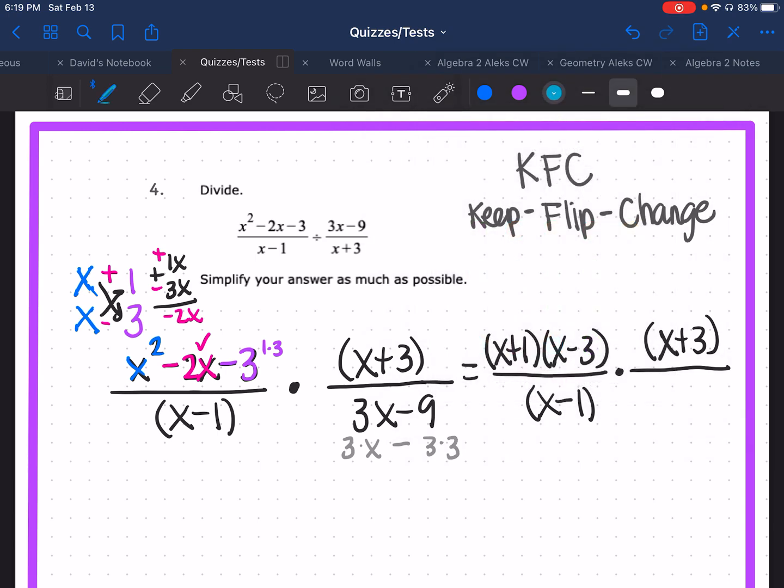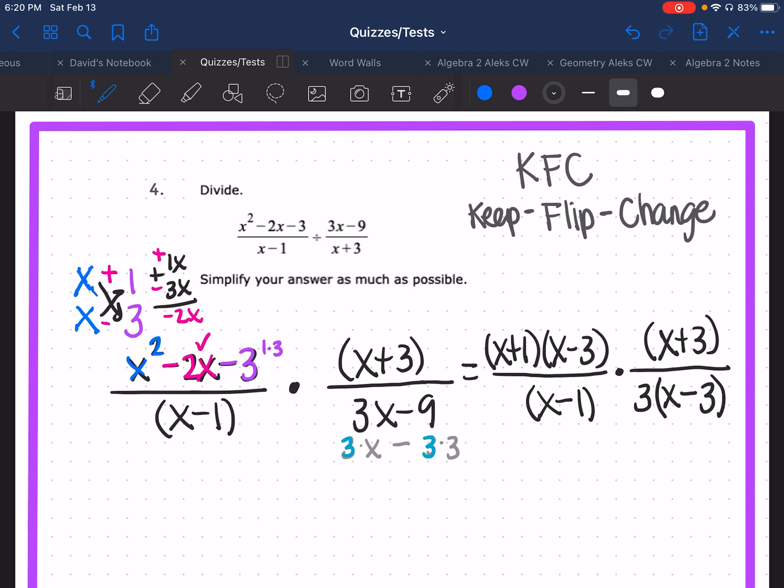Now I can see that they both have a 3, and there's my GCF that I'm going to factor out. The parts that are left are what's going to go inside my factor. So I'm going to put an x. I'm going to put minus because that's what they had. And then this one has a 3 right there.